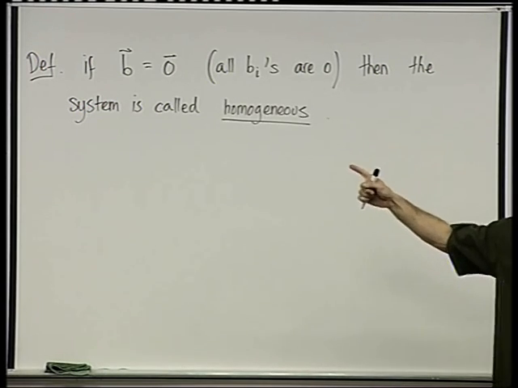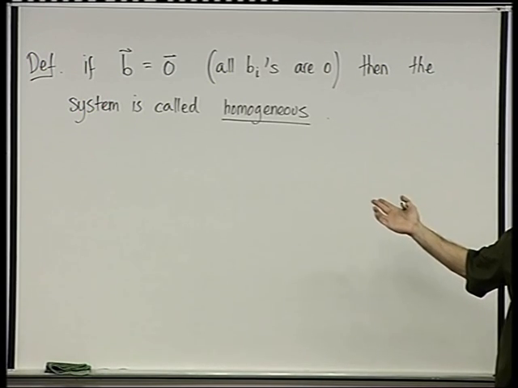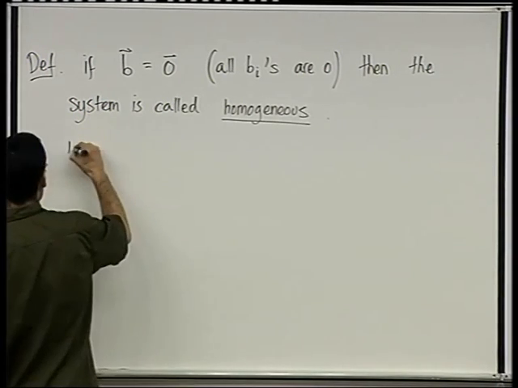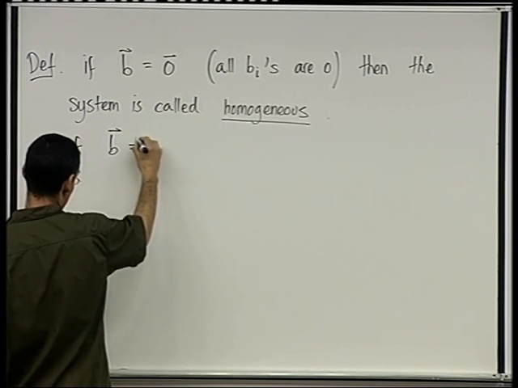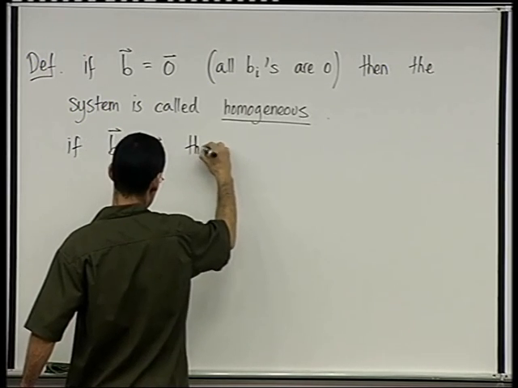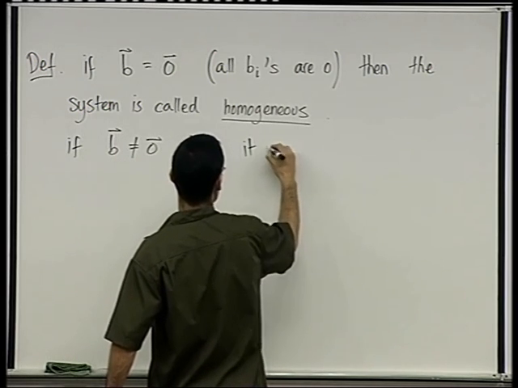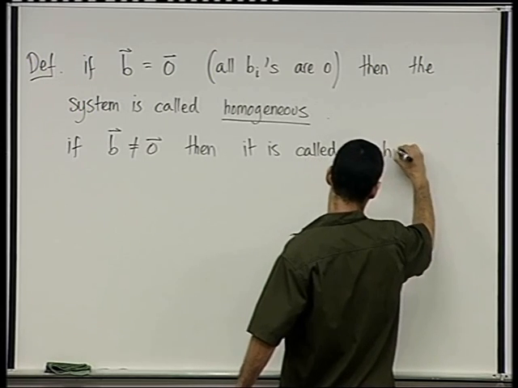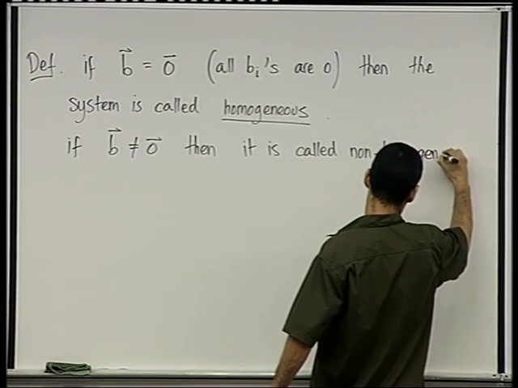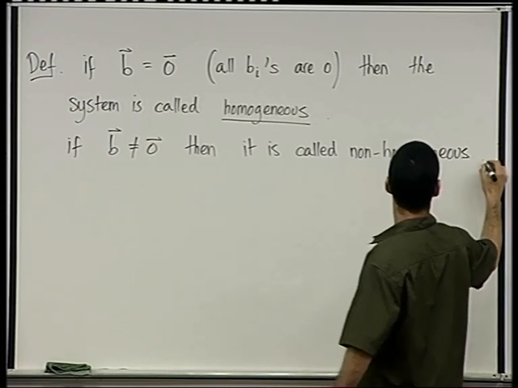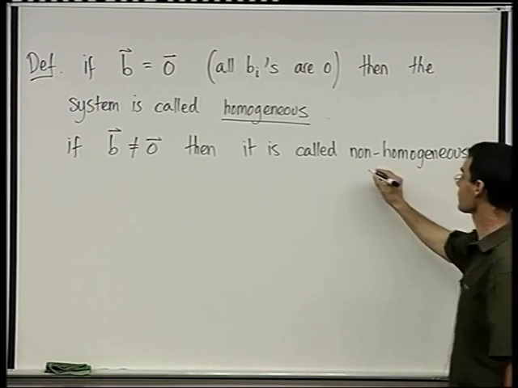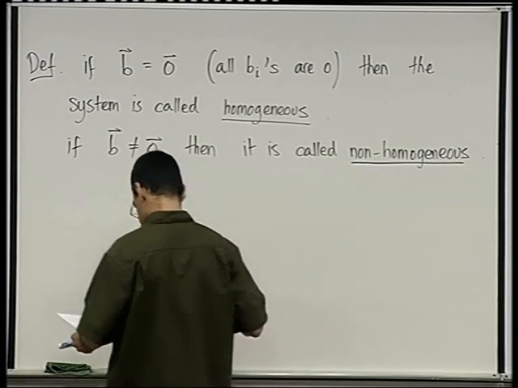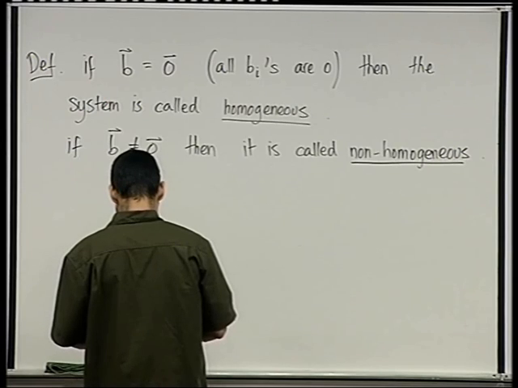And if some of them happen to be non-zero, if B is not the 0 vector, then it is called non-homogeneous. Okay, so those are these two notions.